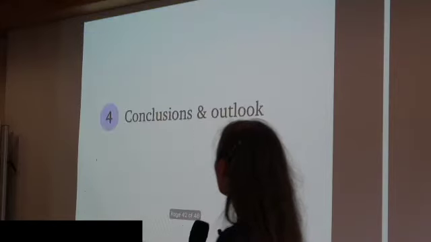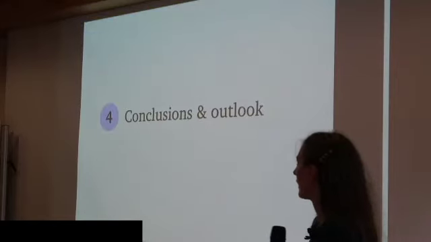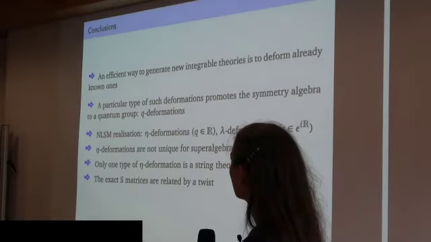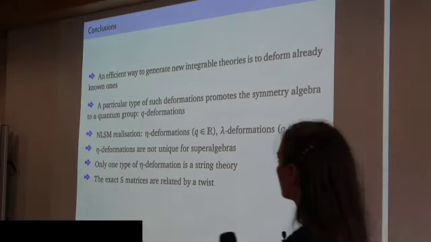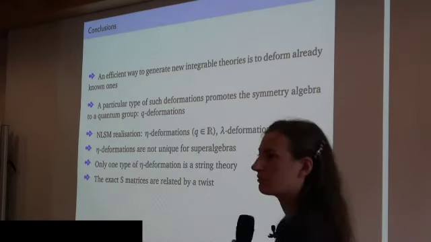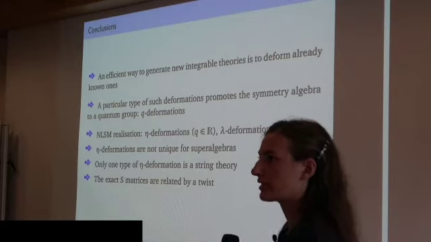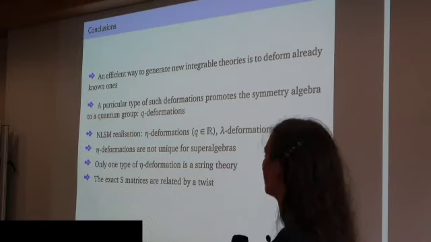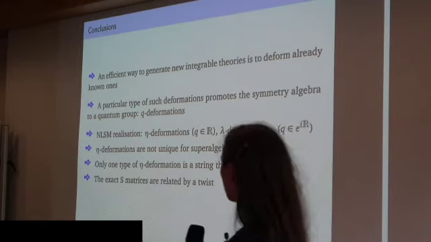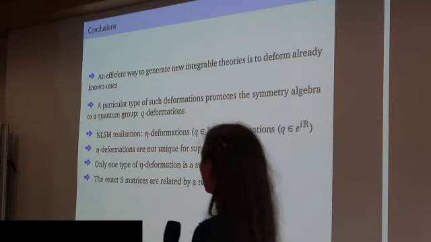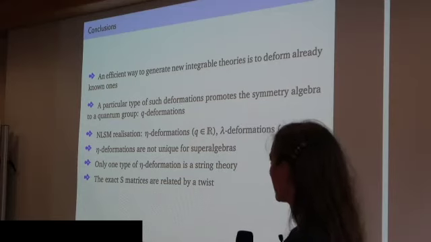Good. So now let me come to the conclusions and the open problems. We have seen that an effective way to generate new integrable theories is to deform already known ones while preserving integrability. For instance, going from the AdS5 cross S5 superstring to its eta deformed version. A particular type of such deformation promotes the symmetry algebra to quantum groups. So this is called the q deformations.